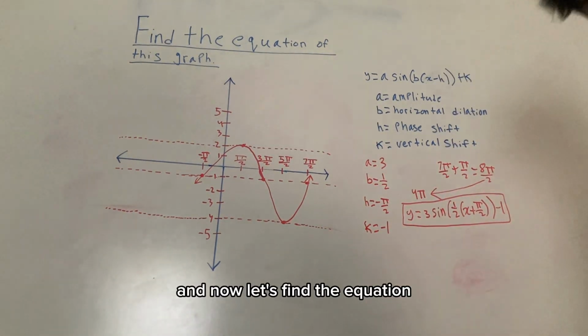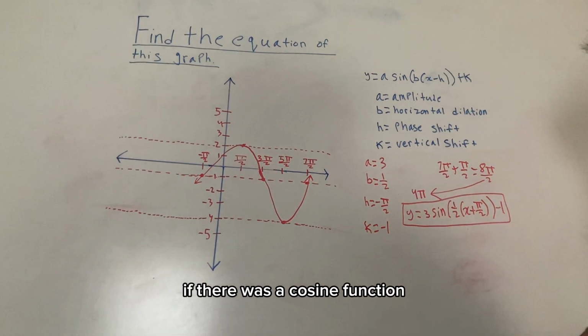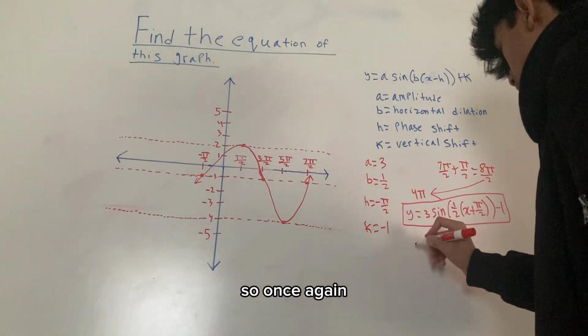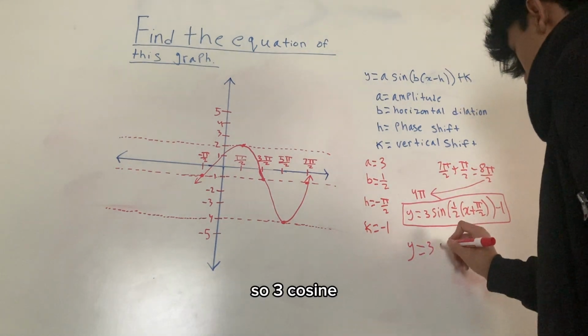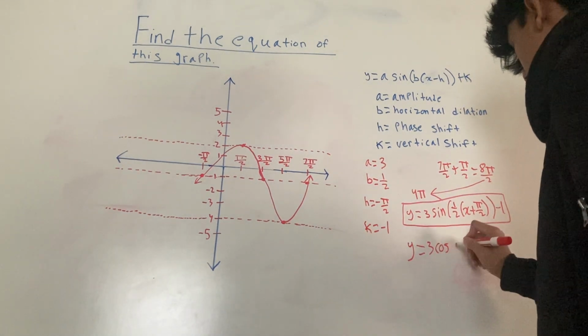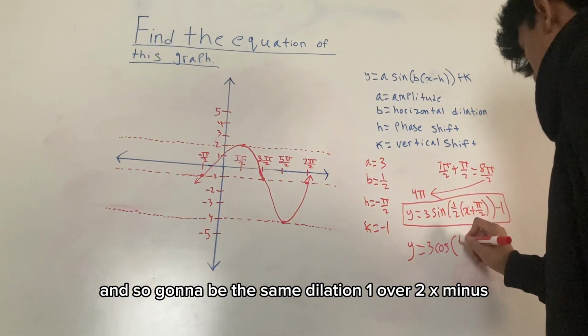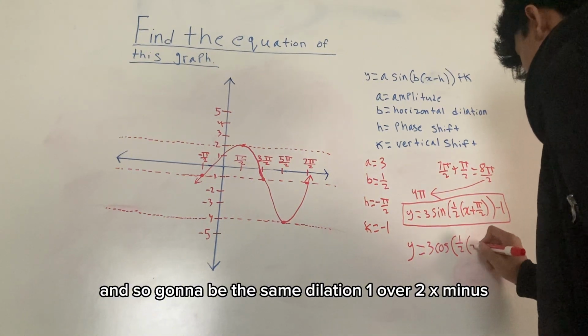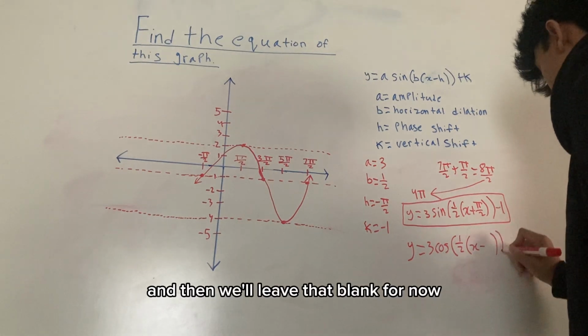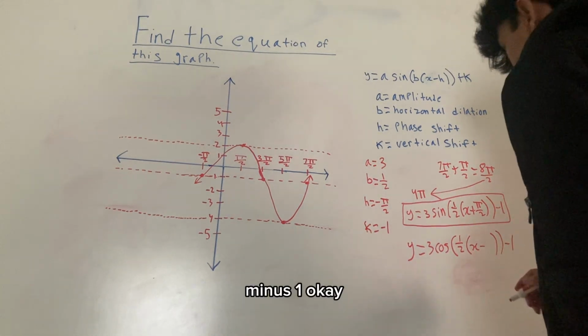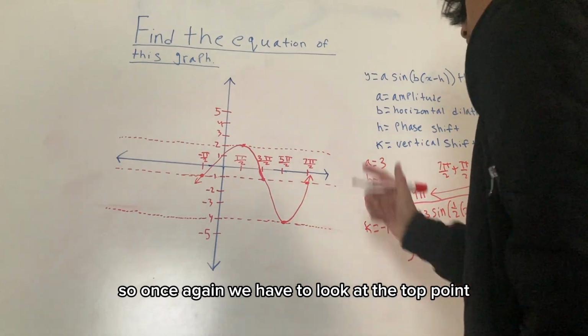And now let's find the equation if it was a cosine function. Once again, we'll put in all the values except for the phase shift. So 3 cosine, and still the same dilation, 1 over 2, x minus, and then we'll leave that blank for now, minus 1. Once again, we have to look at the top point.